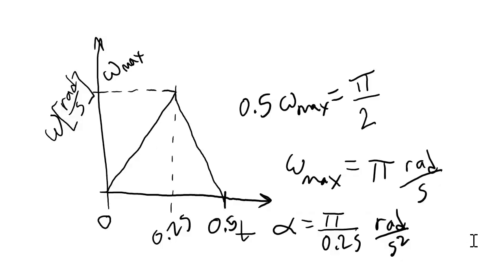If we look back at our plot of time and rotational velocity, we see that we need to exert this amount of torque. Remember, torque is the slope of this velocity time curve. We need to exert this amount of torque at all of the speeds during this entire move. The stall torque of a motor is the amount of torque that that motor can exert when the speed is equal to 0.